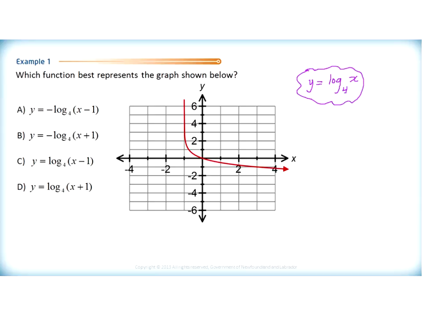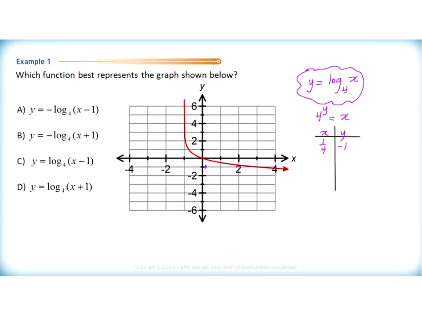So converting that to exponential form, we have 4 to the y is equal to x. And some points that would be on that base graph. Again, you could pick a couple of negatives and a couple of positives if you like. So I'm just going to take, when y is a negative 1, x would equal 1/4. So you have the point (1/4, negative 1).